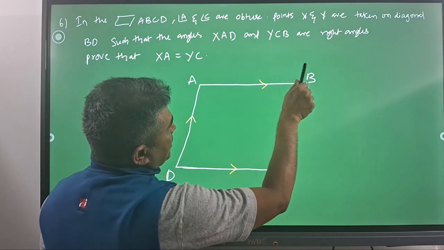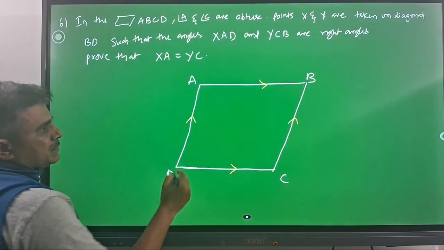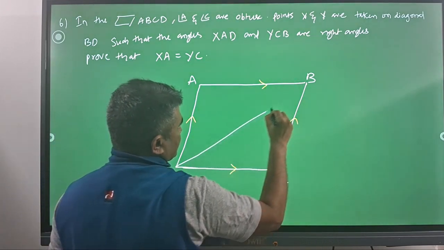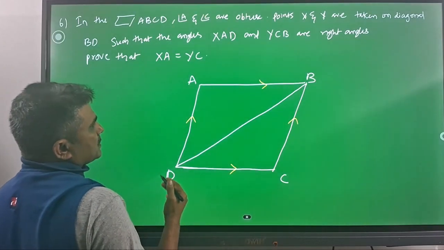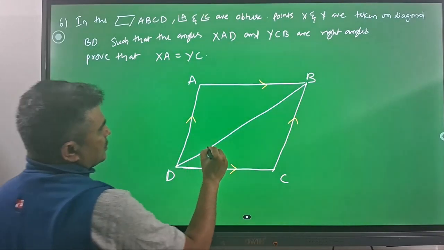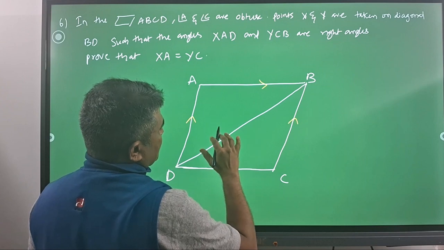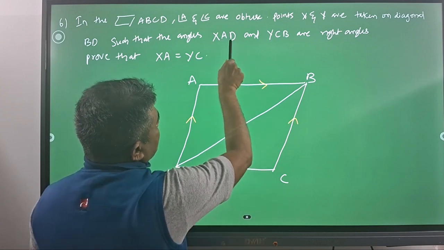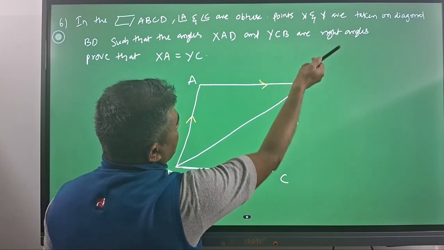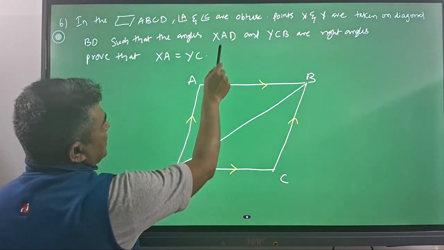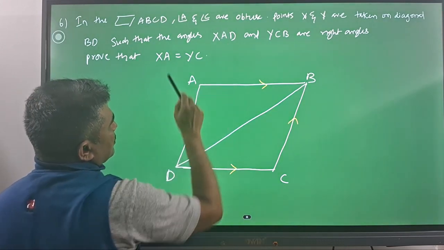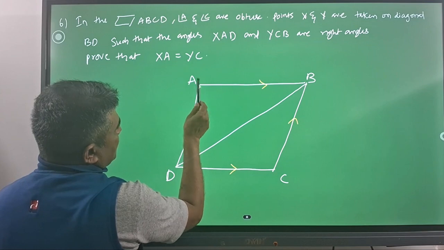X and Y are taken on diagonal BD. So this is the diagonal, and X and Y we need to take. We need to take two points in such a way that angles XAD and YCB are right angles. For XAD, we concentrate on the angle at A, so at A you should get 90 degrees.